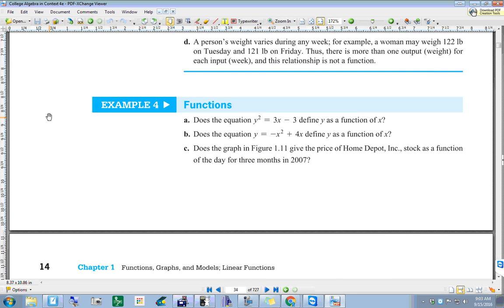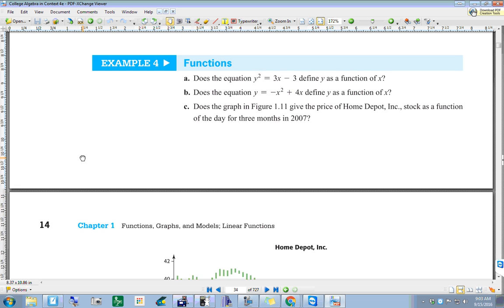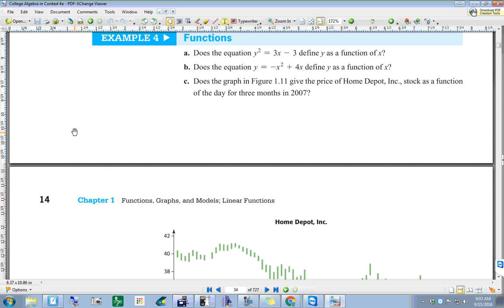So, let's see. If I take a look at example 4 here, if I have y squared is equal to that, does that define y as a function of x? What do you think?